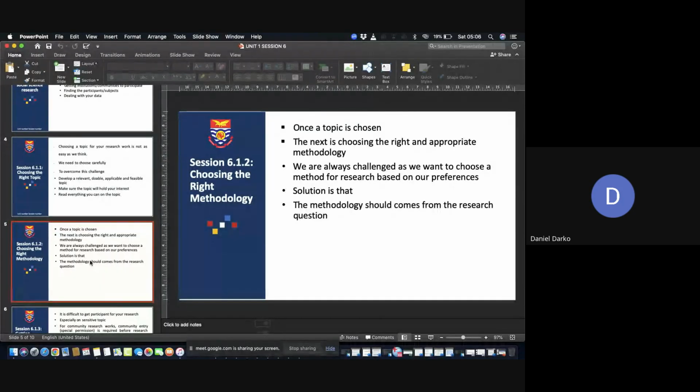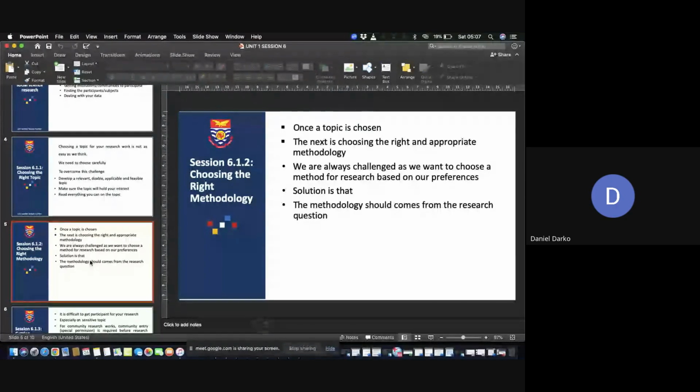The problem is that some topics are more suited for qualitative than quantitative. Some topics are quantitative than qualitative. But if a topic demands quantitative and you use qualitative method, it means that the research will not bear the fruits we are all looking for.